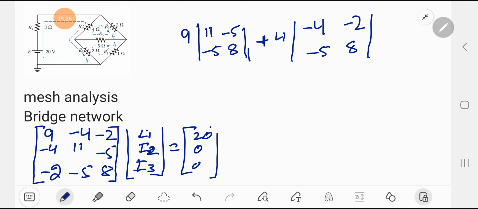For this one it is a minus sign, and minus with plus.